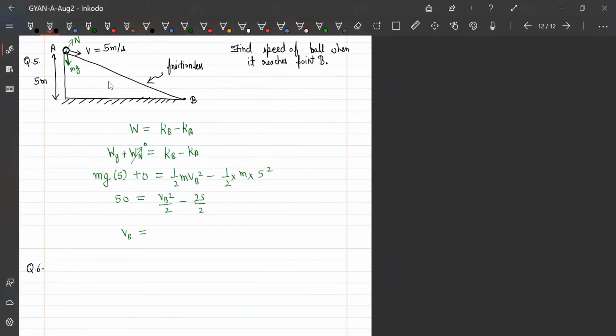Five root 5. 5 root 5 meter per second. That will be the answer.